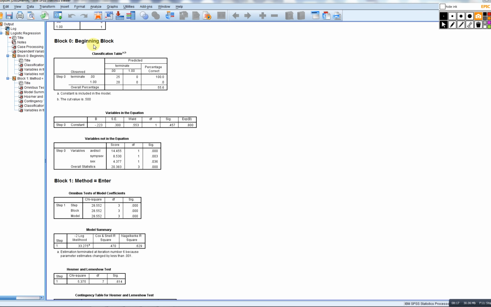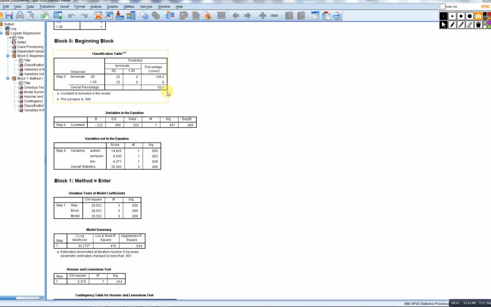So looking at our output, you can see that you have what are beginning block and block 1, and essentially the beginning block is an intercept-only model. Essentially what happens in this case is the only predictor, if you will, is the intercept, which is actually a constant. So really this is a null model, and it doesn't tell you a whole lot except what the predicted accuracy and classification would be in a no-predictor model, and that happens to be about 55.6%.